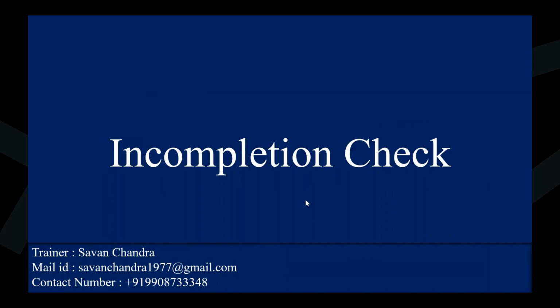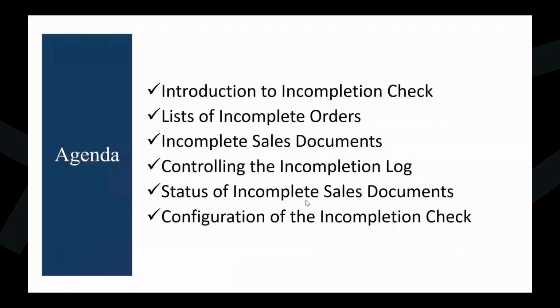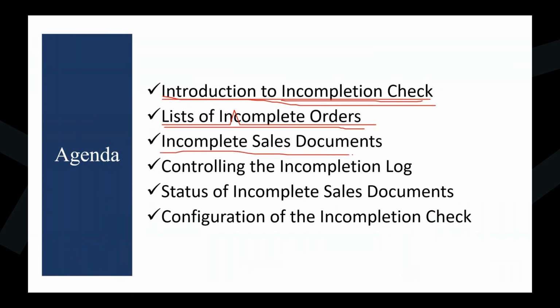So let's see what topics we are going to cover. We will cover an introduction to the incompletion check: what it is, why it is used, what its significance and importance are. We'll see the list of incomplete orders, how to see all the incomplete orders in the system as a report. We'll see how to handle and process incomplete sales documents, and how the incompletion log is controlled.